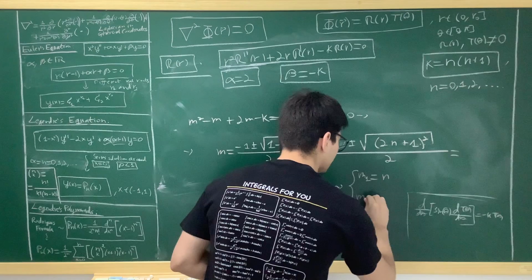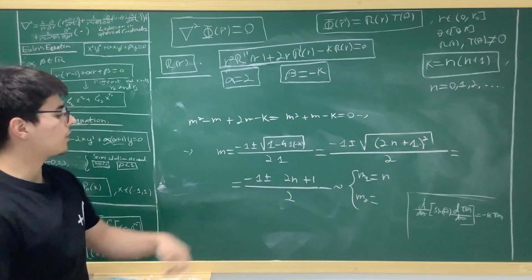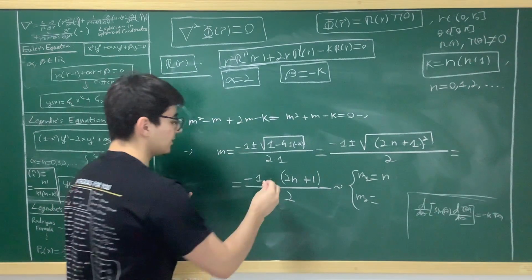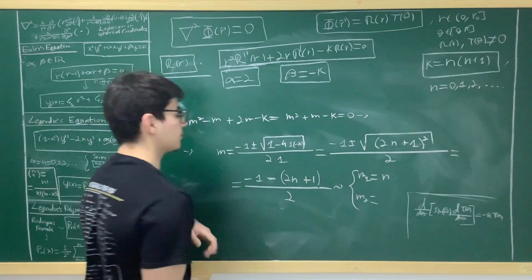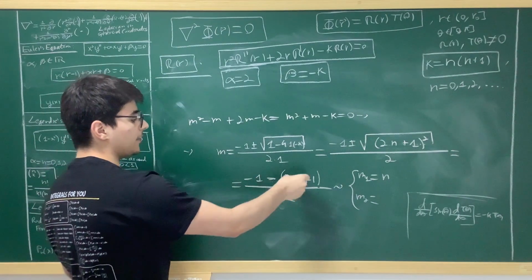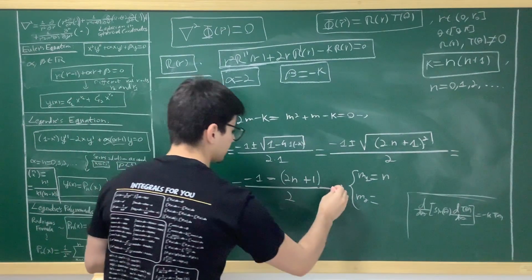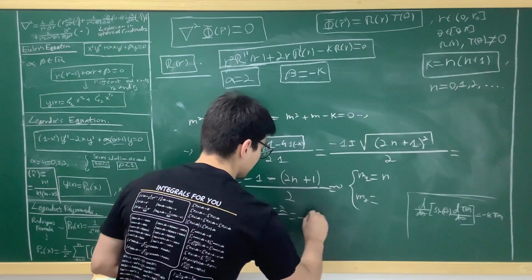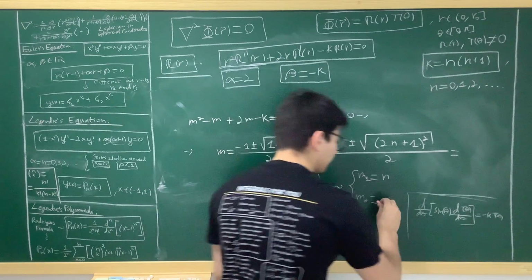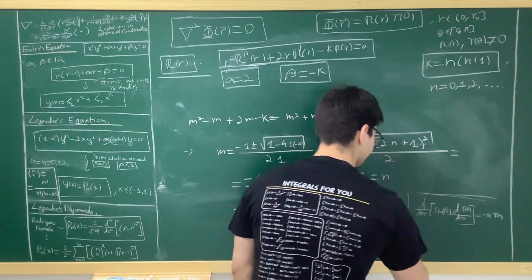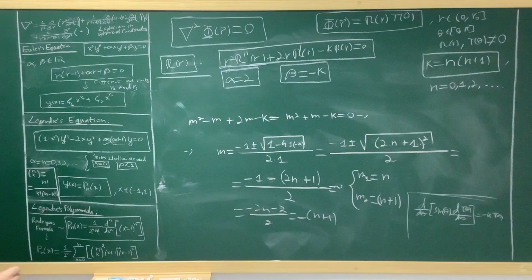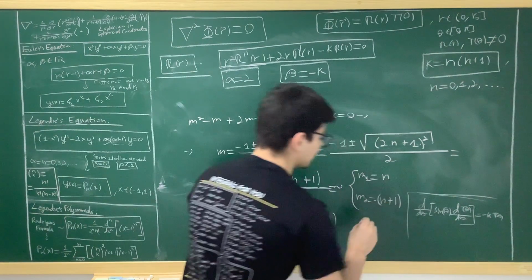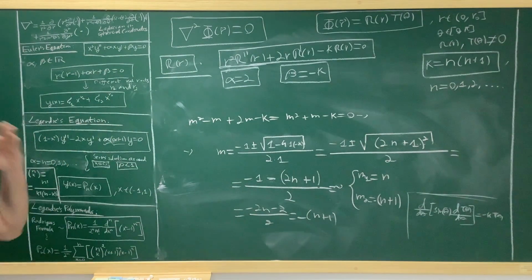Well, our other solution is just n2, which is minus 1 minus 2n minus 1, let me write it more explicitly, minus 2n minus 2 over 2 is just minus n minus 1. And this is our other solution. Surprise, surprise. This is actually a really nice solution. Wait a minute. Negative sign. Don't forget the negative sign. Well, this is what we have.